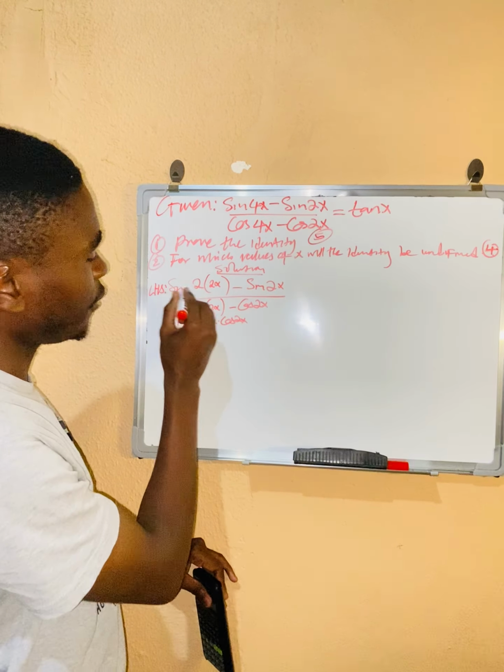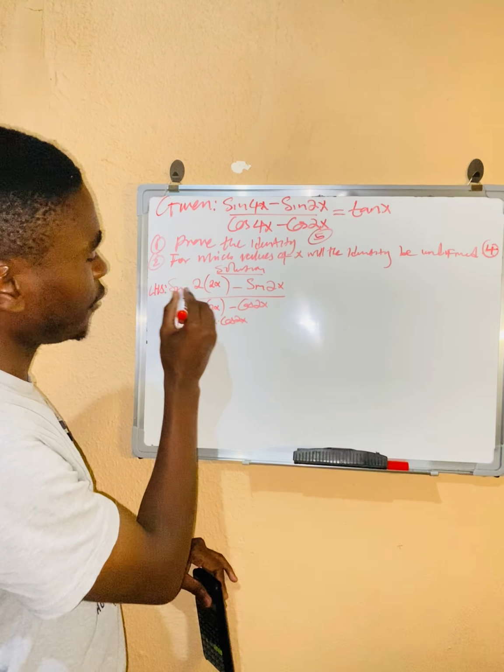Now we're going to divide everything by a double angle of cos. We know tan comes from sine over cos, so we have to make everything at the denominator become cos. Which double angle would include cos? It's this one: 2 cos squared 2x minus 1, and then minus cos 2x.